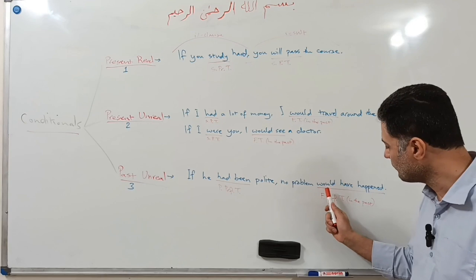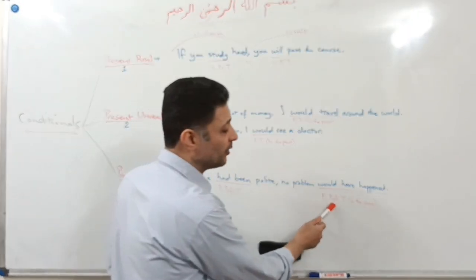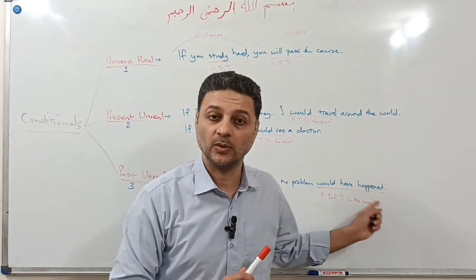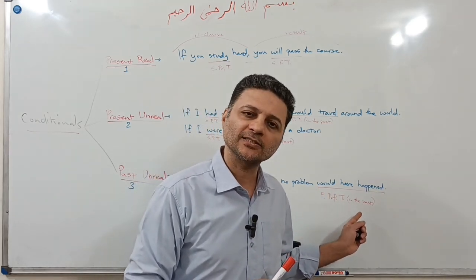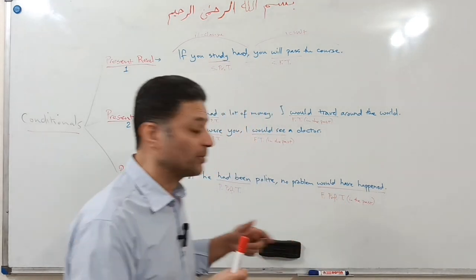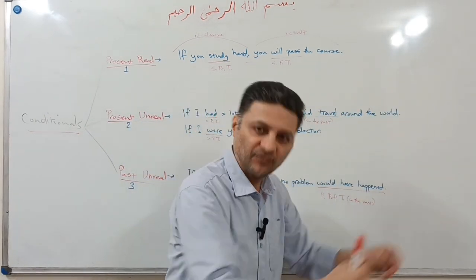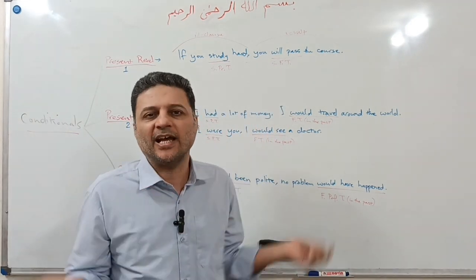Now, here we have would have happened. Future perfect tense in the past. Not will have happened. Would have happened, not will. All right? So it's future perfect tense in the past. Okay? So because we are talking about past tense or past events, and they are unreal to us because it's imaginary.